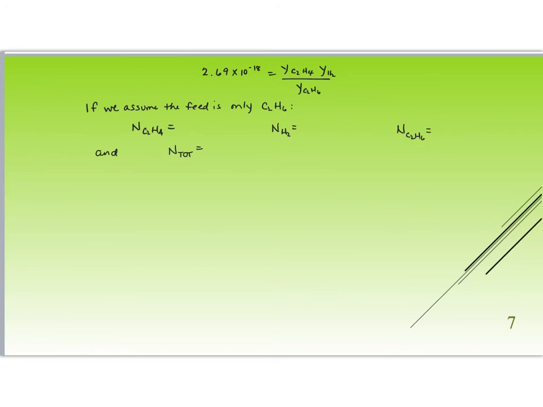Now, if we assume that the feed contains only C2H6, it seems unreasonable that you would feed into a fresh reaction the product, right? So if we make that as an assumption, then the amount of C2H4 formed is x, the extent of reaction. It's the same as the amount of H2 formed, and the C2H6 at the end is going to be the number of moles we started with minus the extent of reaction x.